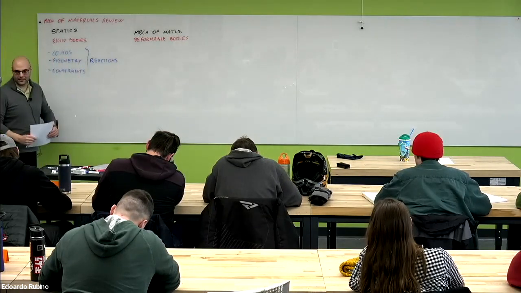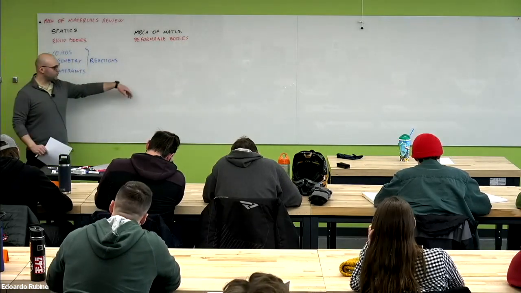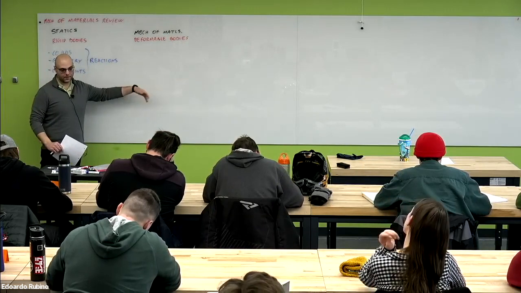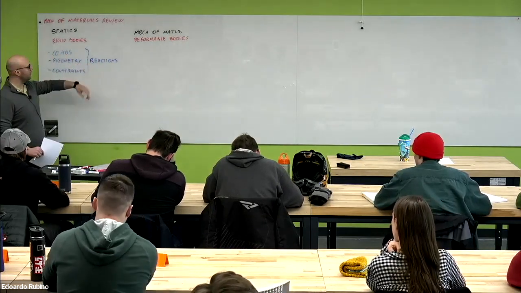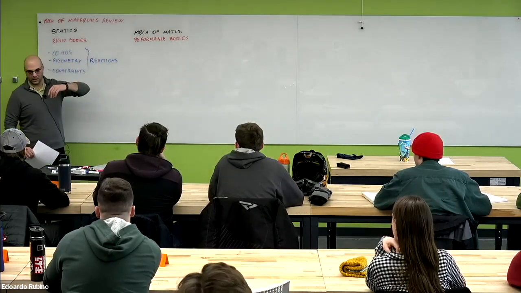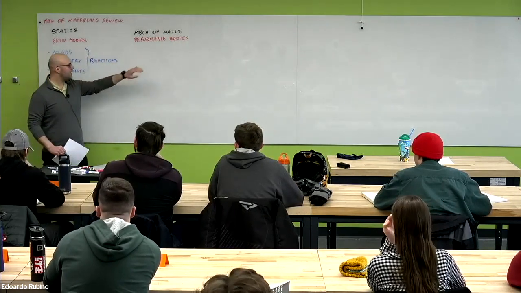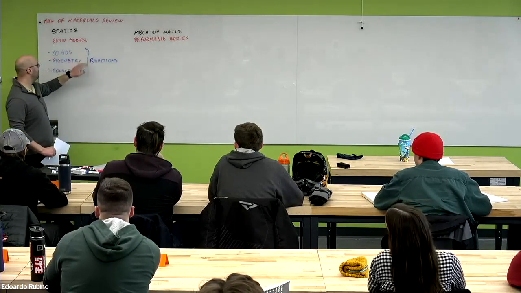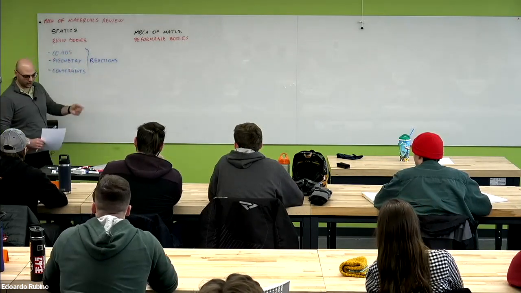So in mechanics of materials, we introduce new concepts that allow us to determine how a body can deform, so can change its shape and size after we apply a certain load, with a certain geometry and certain constraints.